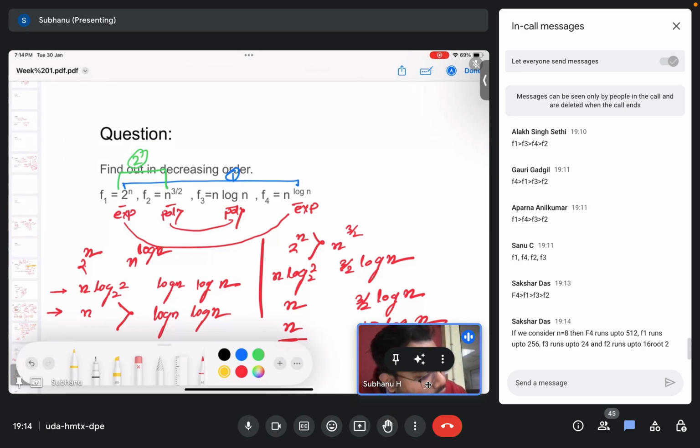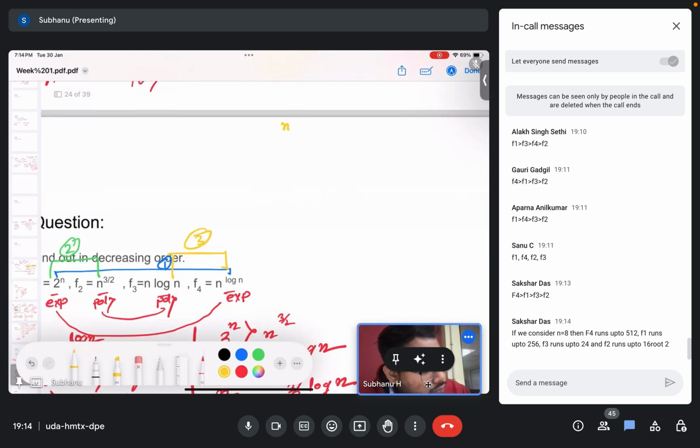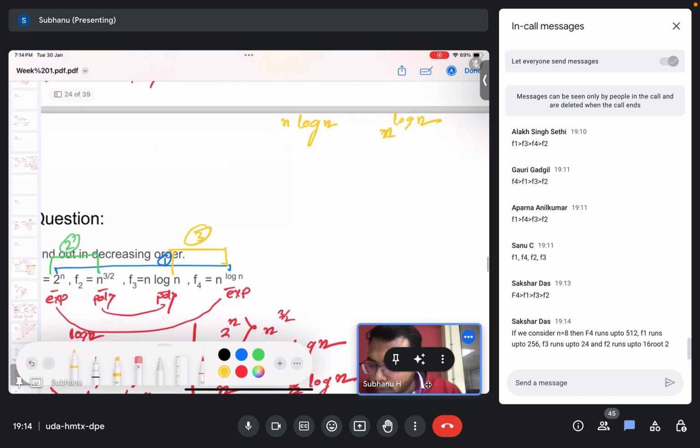So my next target is checking these two: n to the power log n and log n to the power log n.